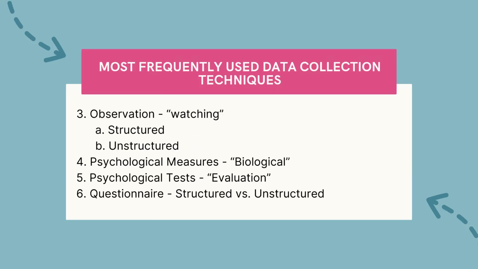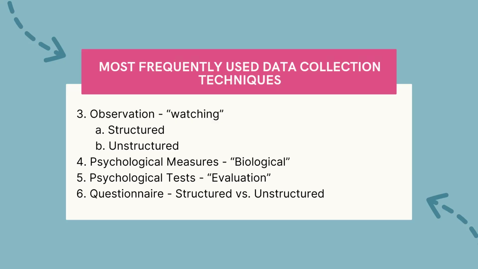Proceed with observation. Of course, from the word observation, you are watching. Structured can be utilized through the use of a checklist, which you can use to guide you in observing a certain phenomenon. And we also have unstructured, in which you really don't have those checklists or ideas on what to observe.